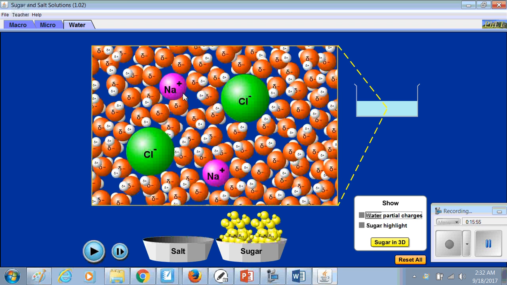And what that means is you need to make sure that the negative end of water, the oxygen end of water, is pointing towards a positive ion, whereas the positive end of water, the hydrogen end, is pointing towards a negative ion, okay?